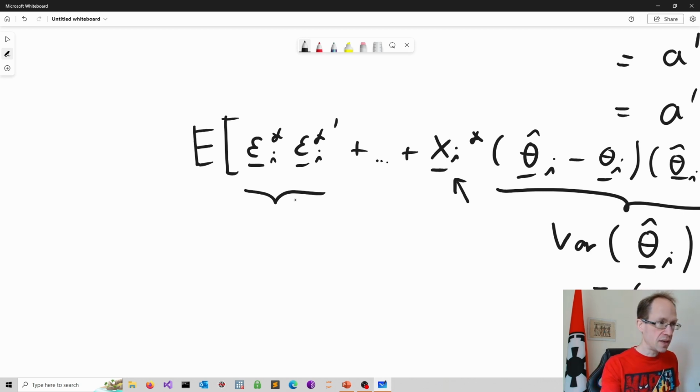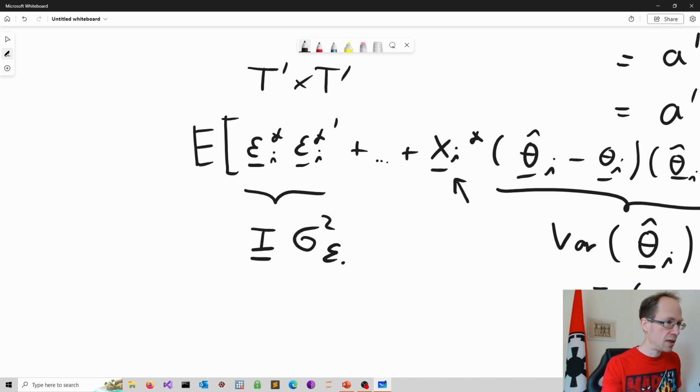So if you do this in matrix form, because here you note that it's epsilon prime times epsilon prime, you end up with the identity matrix I times sigma squared epsilon I, which is the constant error variance, which differs between different stocks.